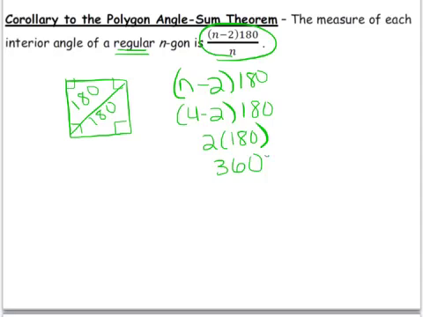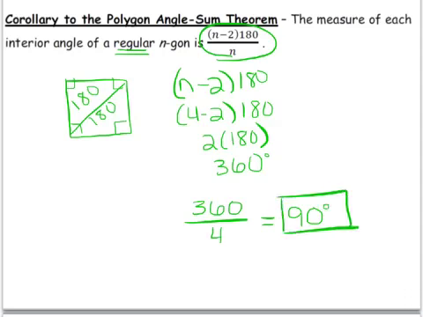So the sum of the angles of a 4-sided polygon such as the square is equal to 360. Since this is a regular polygon and each of the angles is congruent to the others, we take the 360 and divide by the number of angles in this 4-sided polygon, and each angle is going to be equal to 90 degrees.